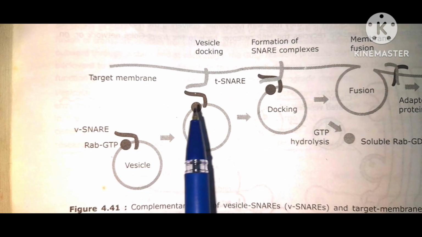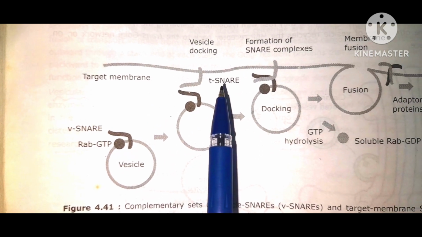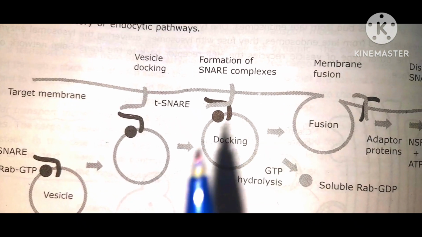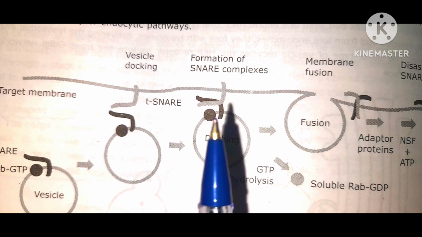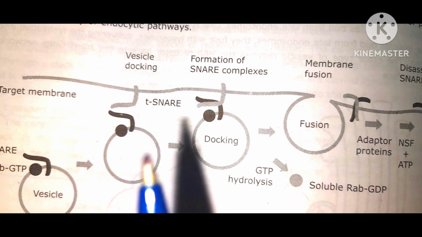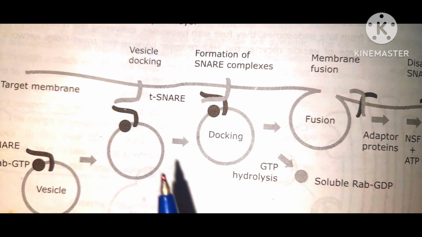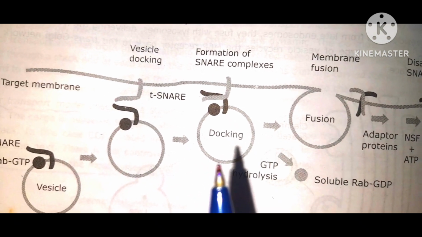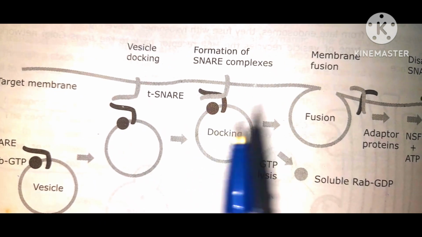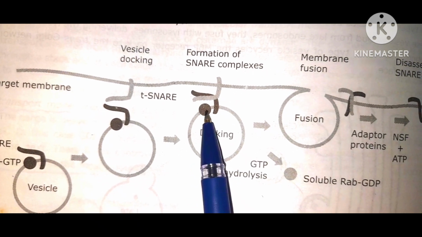This is v-SNARE and this is t-SNARE. The next step is formation of the SNARE complex through v-SNARE and t-SNARE attachment, and docking occurs. Till now this RAB GTP remains intact.